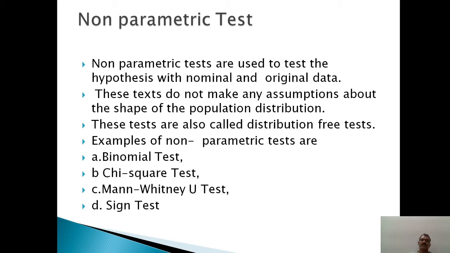But in the case of non-parametric test, no such assumptions. These tests are also called distribution-free tests. Examples of non-parametric tests are binomial test, chi-square test, Mann-Whitney U test, sign test.